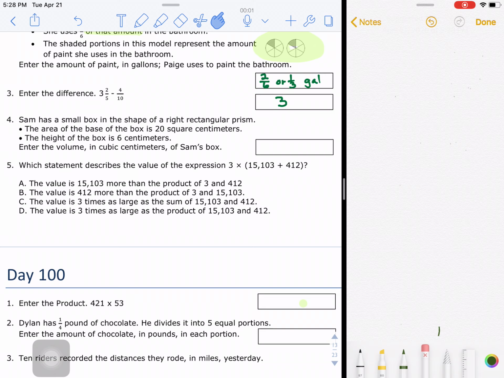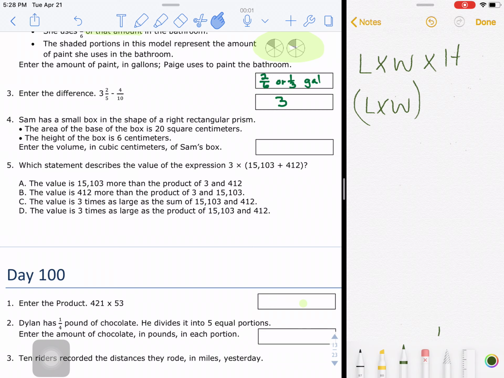So when we have volume of a right rectangular prism, it's three-dimensional. And we're going to take a look at what they give us. Well, they give us an area of the base. The area of the base is the length and the width. They also give us the height.